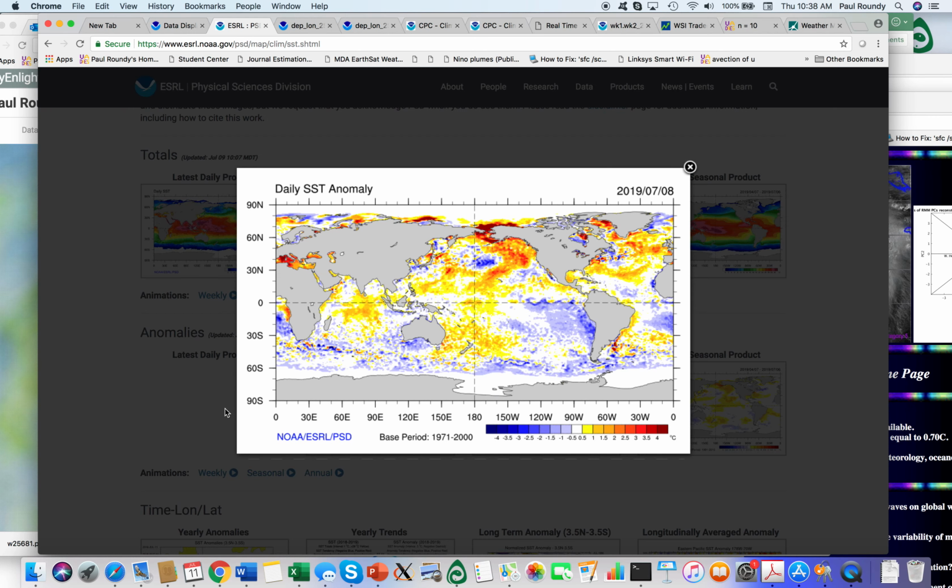We then examine the present condition in anomalous sea surface temperature. We can see positive sea surface temperature anomalies in the central and eastern Indian Ocean.